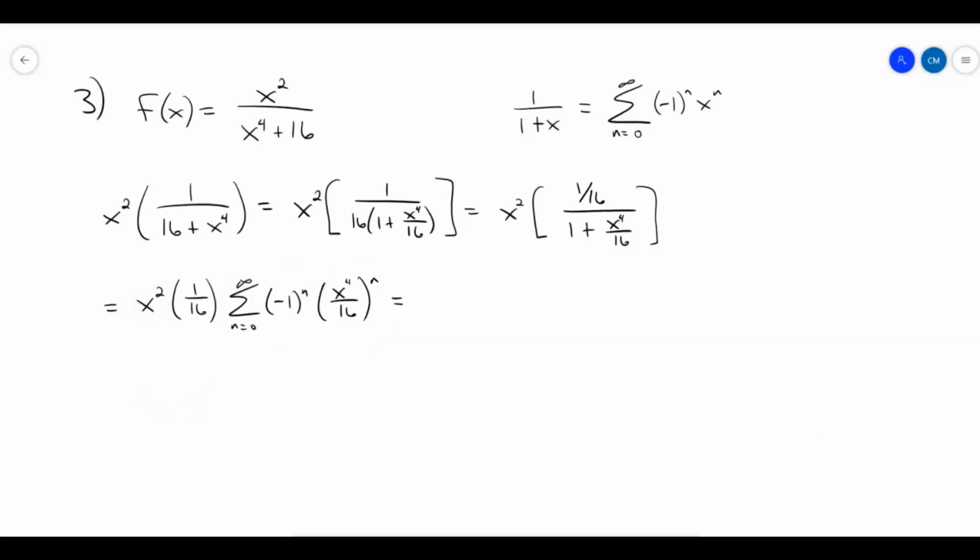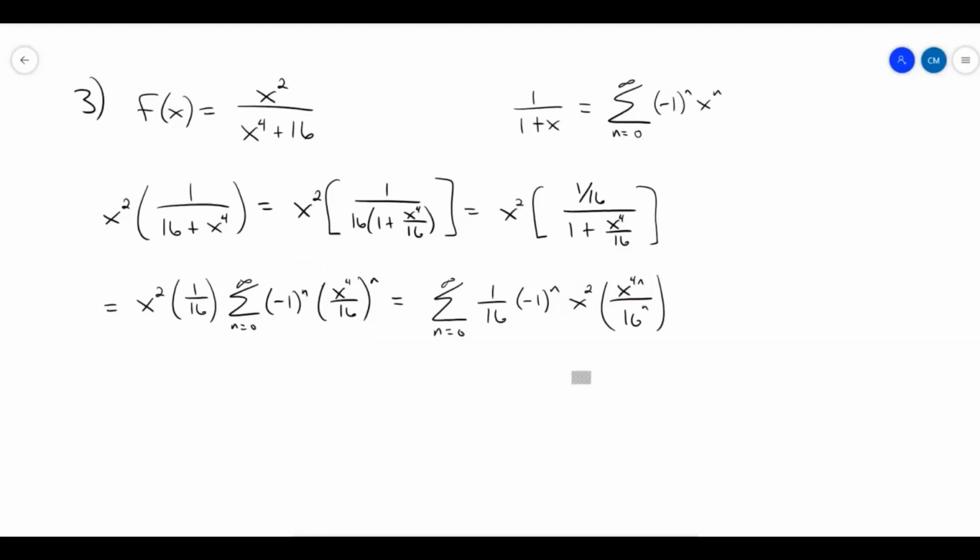So I'm going to go ahead and move everything inside the sum now, including the 1 over 16. And I'm going to rewrite this. I'll put the x squared inside there as well, and I'll go ahead and simplify that. The stuff that's in the parentheses there, that's going to be x to the 4n over 16 to the n. Now again, the idea here is both of these are x's. What do we do when we have base x raised to 2 different powers? You multiply them together, you add the exponents, right?